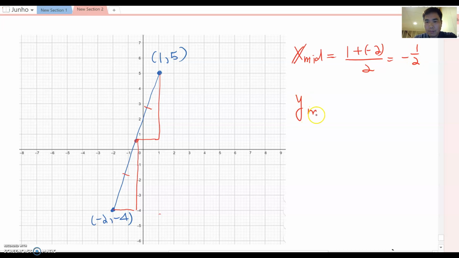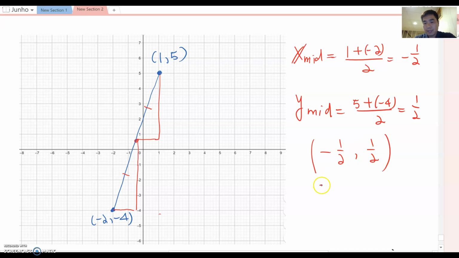And then y mid, I can say 5 plus negative 4 over 2, so that becomes 1 over 2. So now I can guess this midpoint will be negative 1 over 2 and then 1 over 2. Or you can use decimals, negative 0.5 and then 0.5 here.